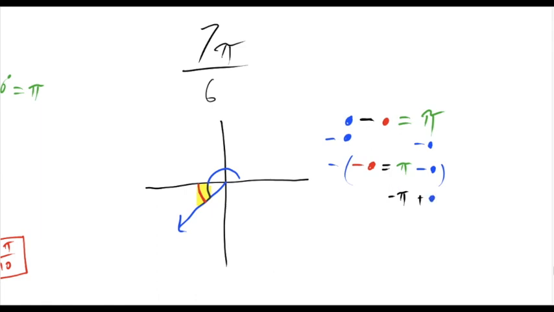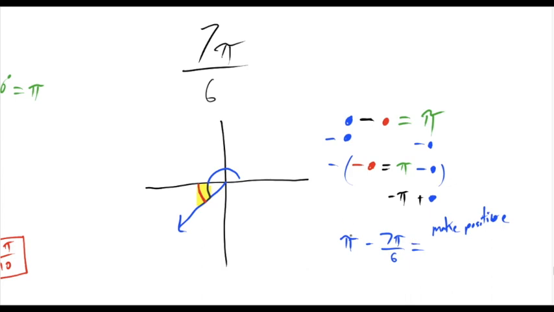I know that that's kind of a complicated way of thinking about it, but really all you're going to do is still take pi minus the 7 pi over 6, and whatever you get out, you just make it positive. That's basically what this is saying: you're still doing the subtraction, but whatever you get out, just make it positive.